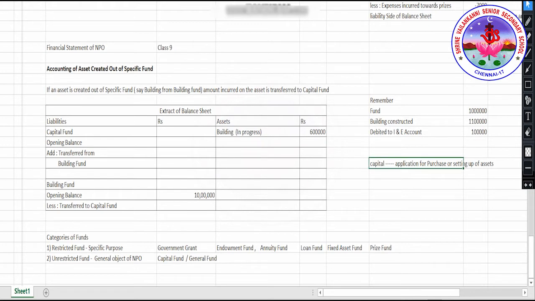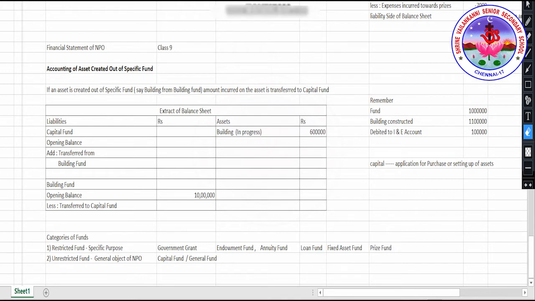This is the basics that we know, right? Capital can be applied for purchase of assets. Capital is the source of fund that we have got, and how we have applied that is in the form of assets. Now this part we are very clear. There is an accounting treatment for this.